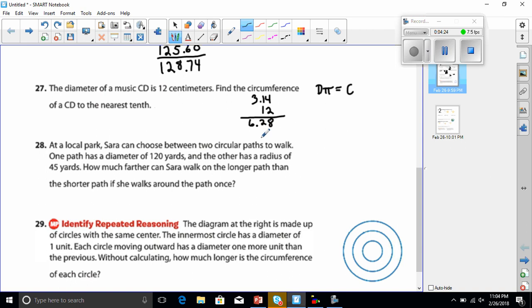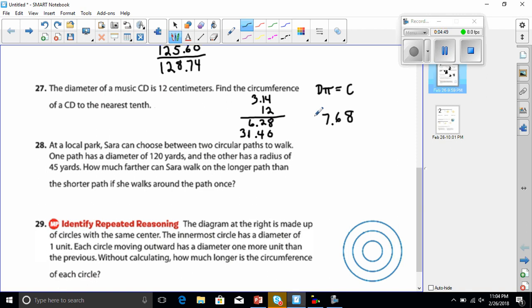And we're going to have, well, 0 and then 3.14. And that's going to give us 8. Let's see, that's going to give us 6. That'll give us 7.